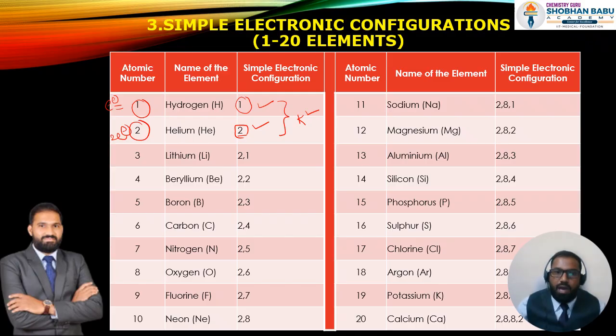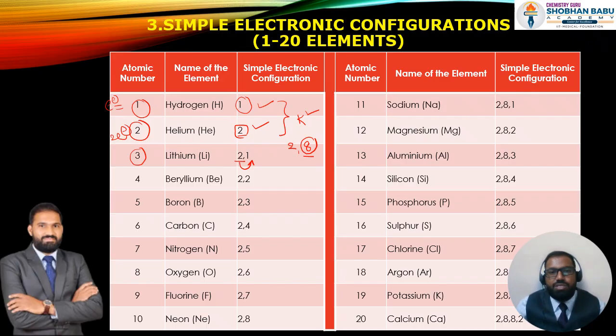Now if you have more than 2 electrons, out of 3, 2 of them are present in the first shell. The remaining electron will move to the second shell. We know that the second shell maximum capacity is 8.